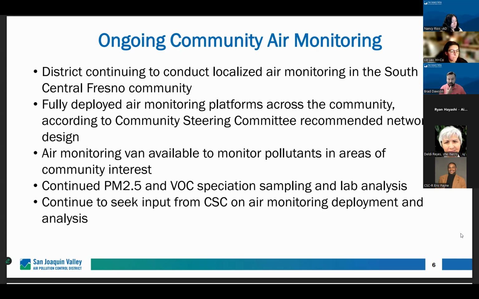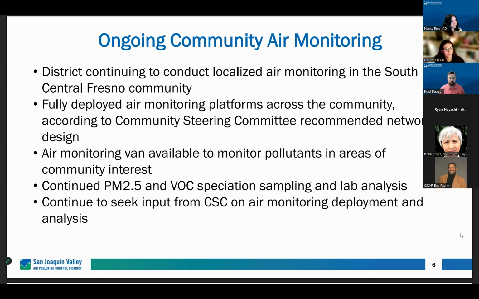And we are still collecting PM 2.5 and VOC speciation data. We send all that off to an independent lab and get those reports back. Usually they take a little bit longer to get those results back versus the air monitoring equipment that we have deployed that reports back hourly.